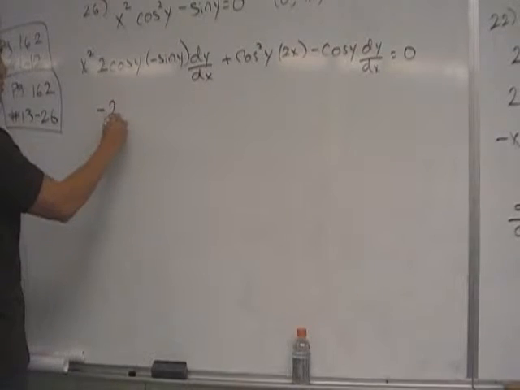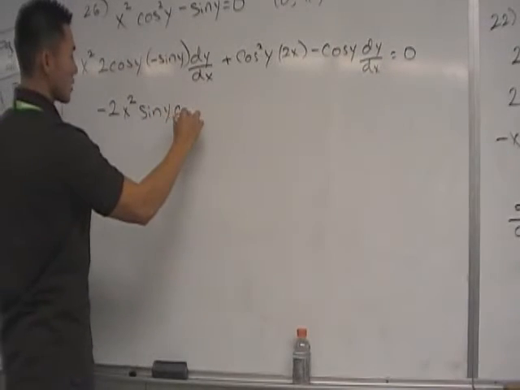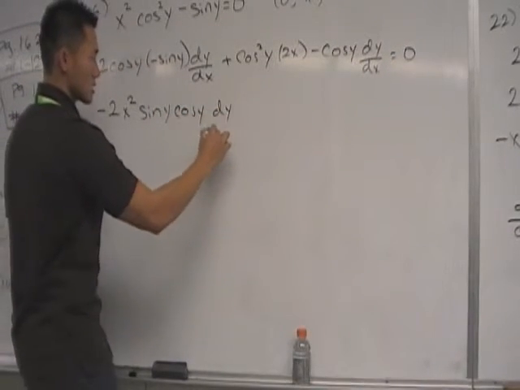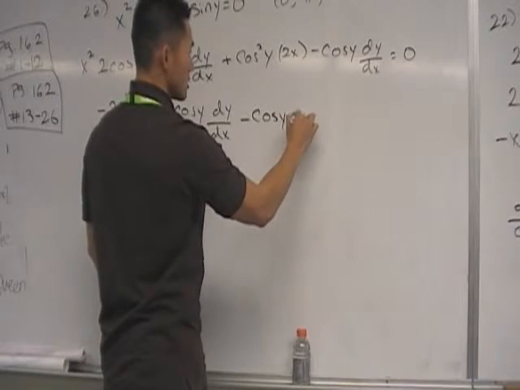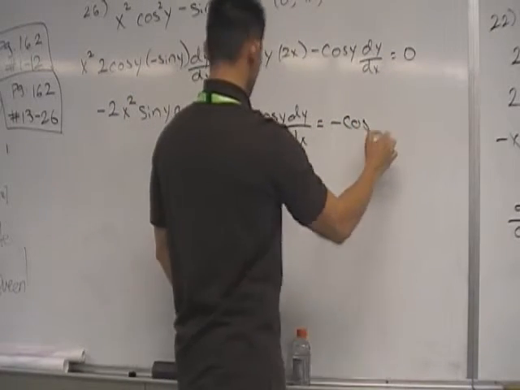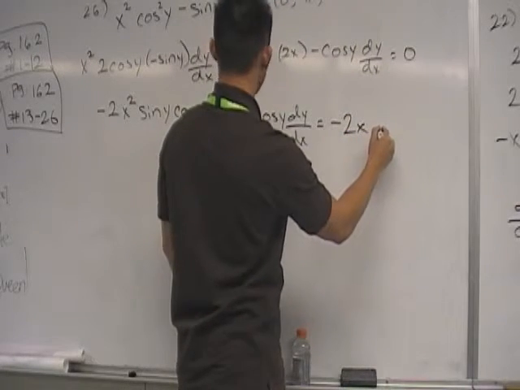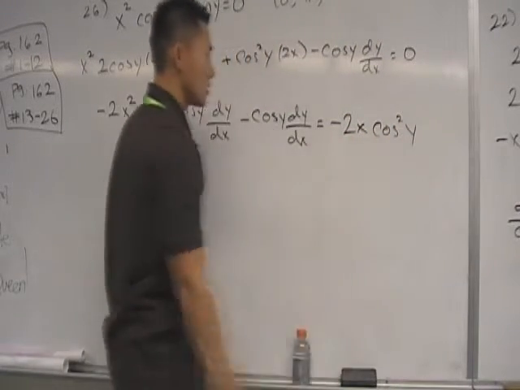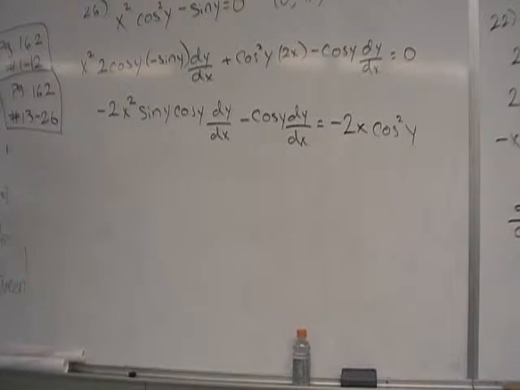It's negative 2x squared sine y cosine y dy/dx minus cosine y dy/dx equals negative 2x cosine squared y. Right. Questions?